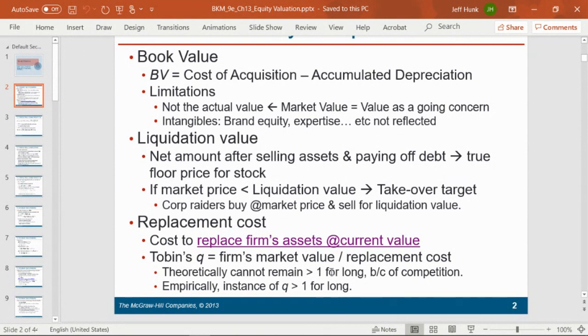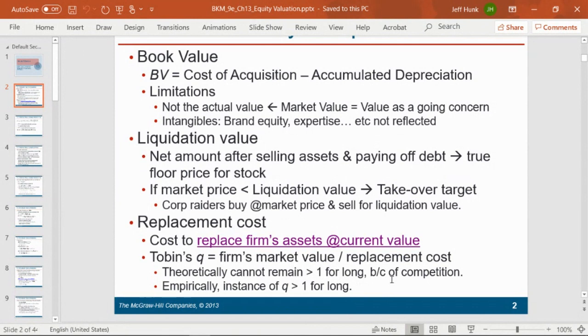So therefore, if this ratio is greater than one, that means this company is overvalued. If it is less than one, it is undervalued, right? And anything undervalued is a buy target, right?